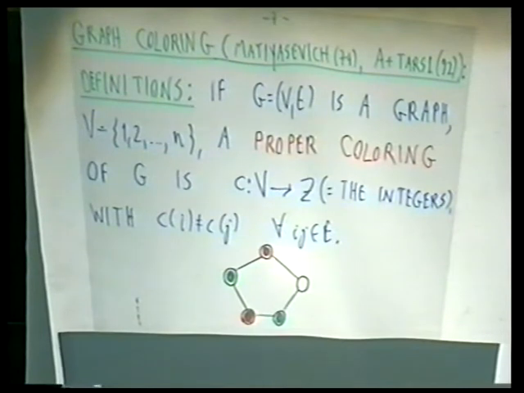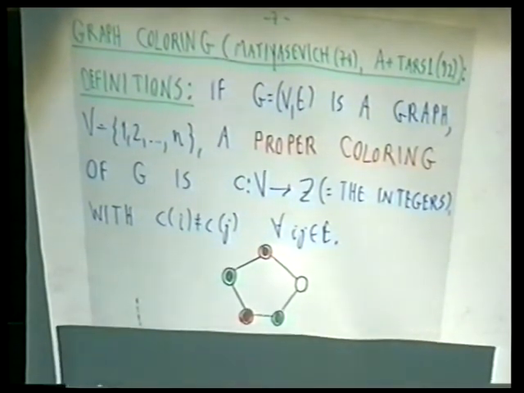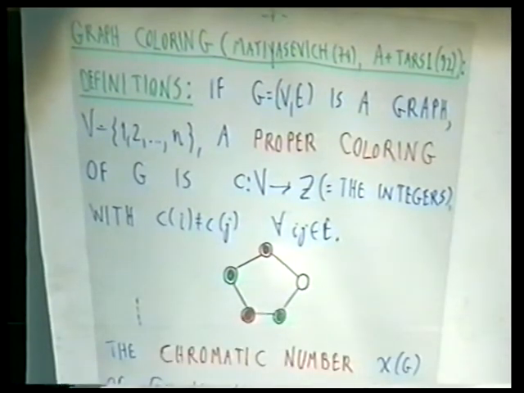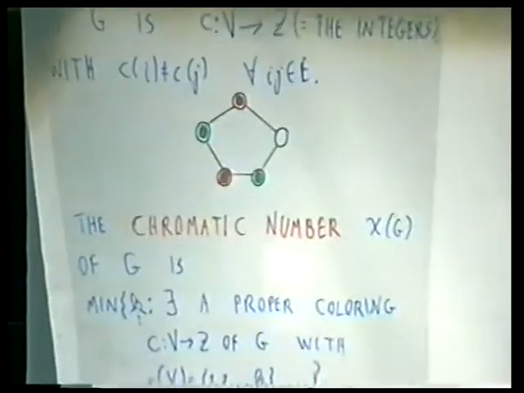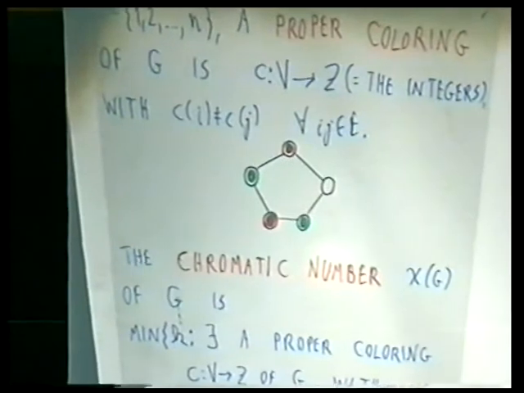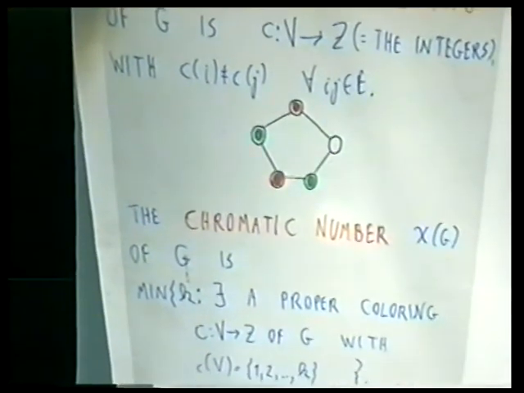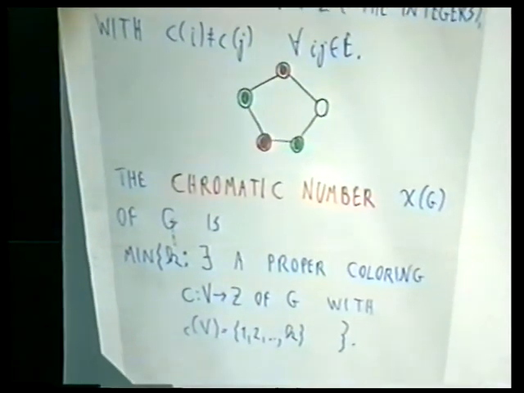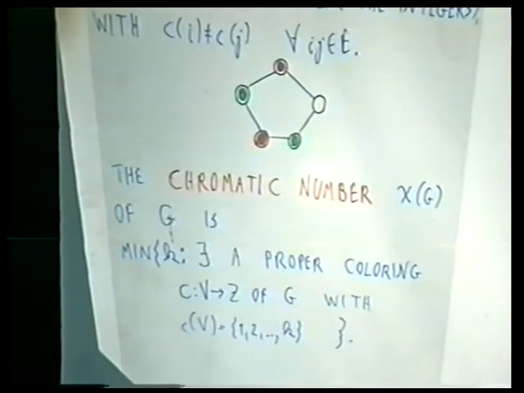So it's an assignment of a color or an integer to every vertex so that adjacent vertices get distinct colors. For example, here you see a coloring of a cycle of length 5, proper coloring by 3 colors. Adjacent vertices here have distinct colors. And the chromatic number of the graph is the minimum number of colors required in a proper coloring of it. Right? So this is just a definition.